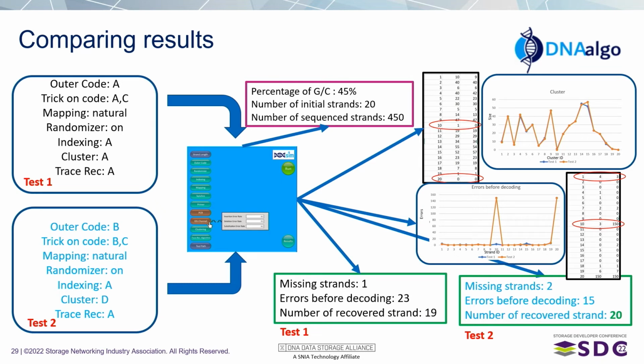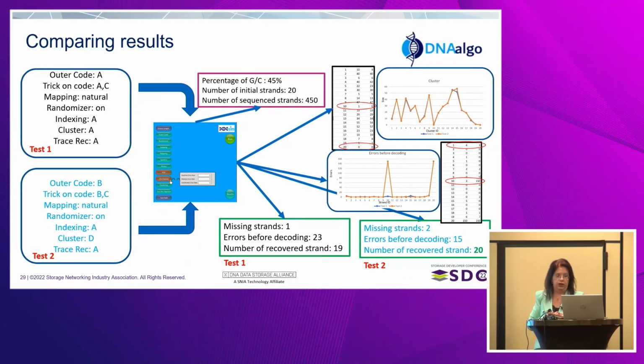Then we want to understand what happened at different steps of the decoding algorithm. This is key, because if you want to figure out the impact of different algorithms on our chain, we need to be able to analyze the result at different steps of the algorithm.